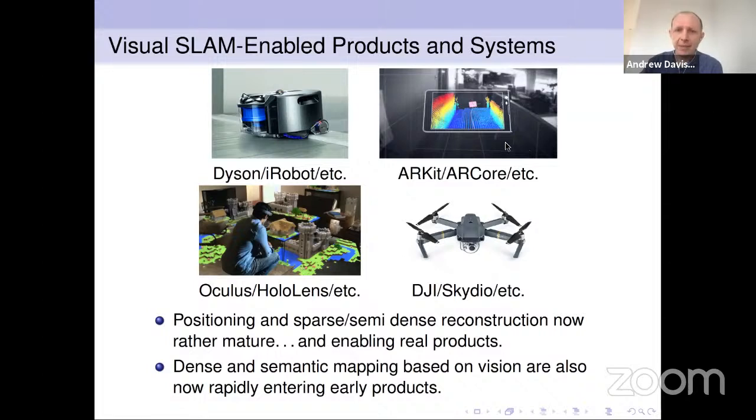There are now SLAM capabilities in mobile phones, things like ARKit and ARCore that enable different applications. There's the SLAM capability in headsets for virtual and augmented reality from companies like Oculus and HoloLens. And then there's also great SLAM capabilities in drones from companies like DJI and Skydio.